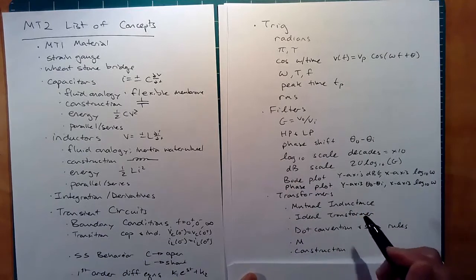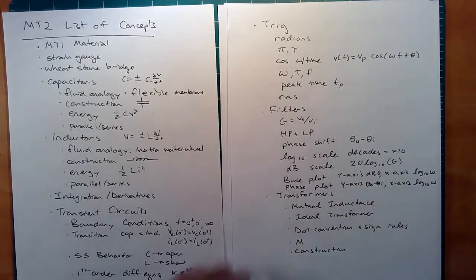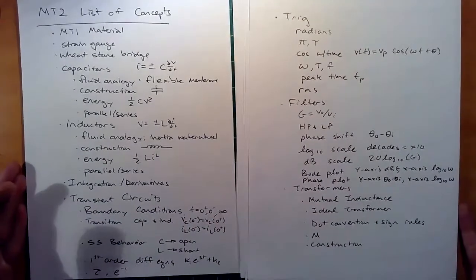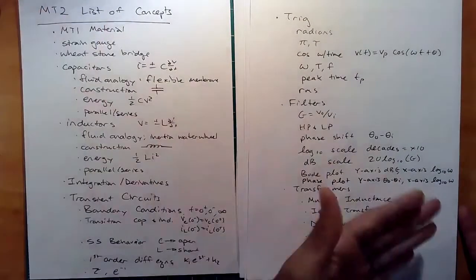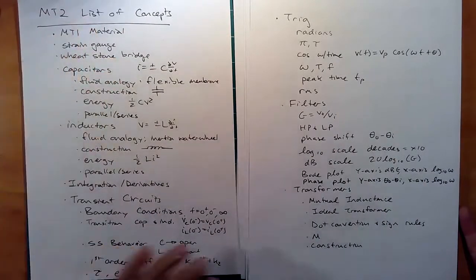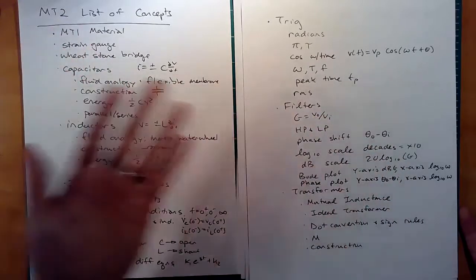I mean, transformers, of course, are expensive, but you're making them out of simple materials, copper, steel, right? So good stuff. Okay, this is all the concepts that we've covered since the beginning, right? Of course, I haven't highlighted all the midterm 1 concepts, but yeah, enjoy, bask in it.